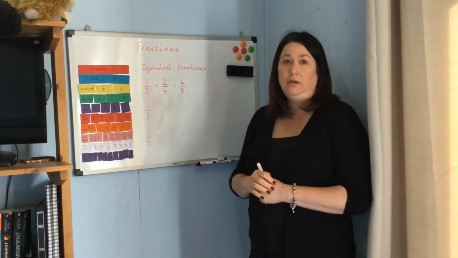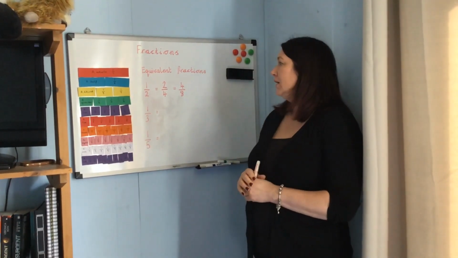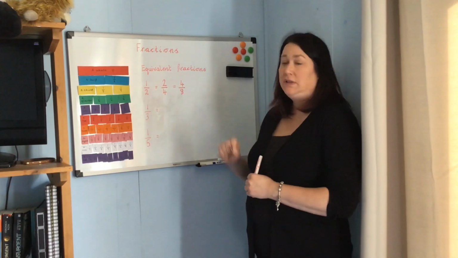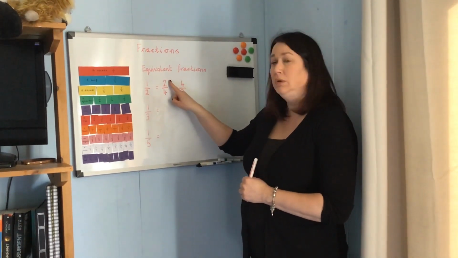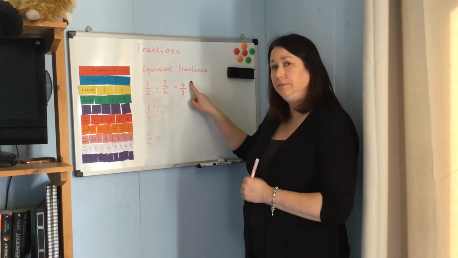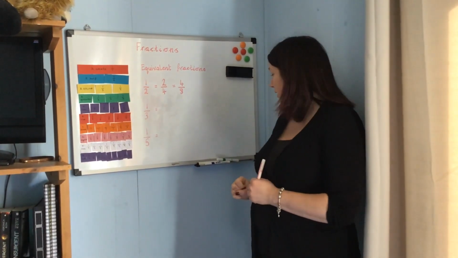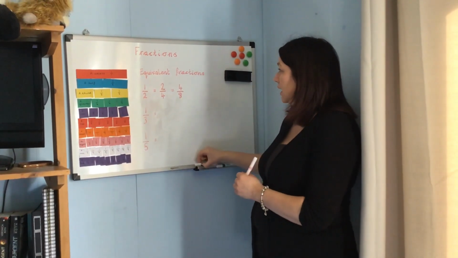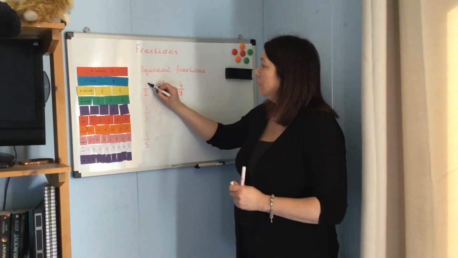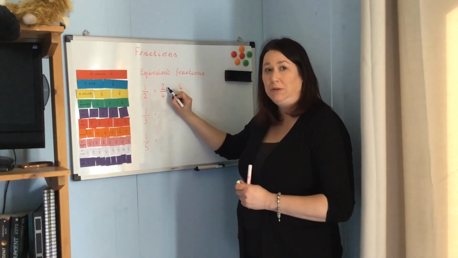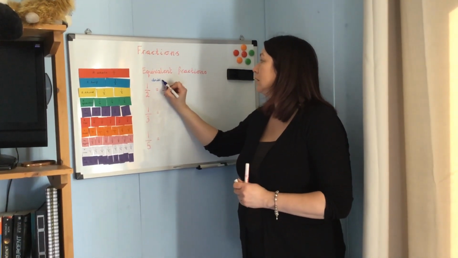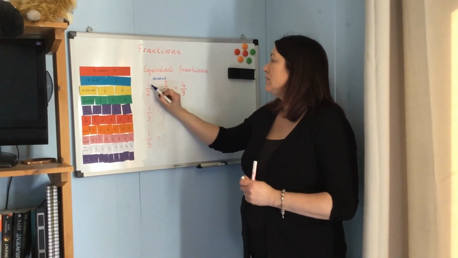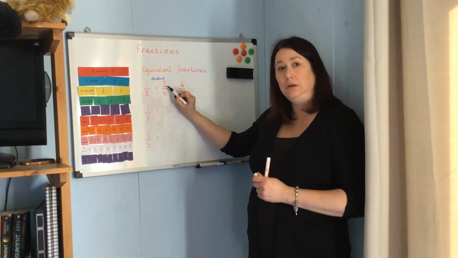If we look now at the top row, we can see that the numbers have changed. 1, 2, 4. If we look really carefully, we can see that this number has been doubled, because double 1 makes 2.